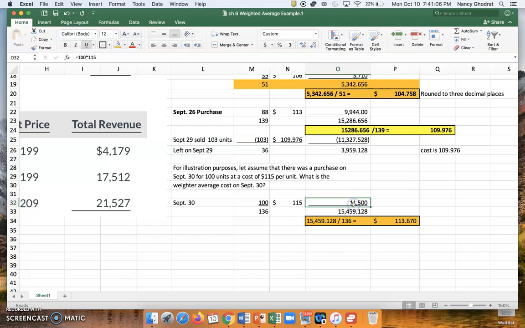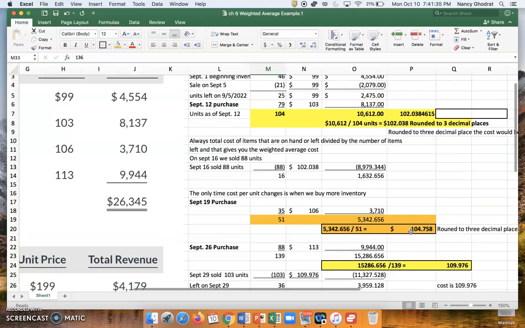Adding the $11,500 to the previous cost that was available on September 29th gives us $15,459.128 as the cost of how many units? The 36 plus 100, 136 units. So therefore, take the total cost divided by the number of units.